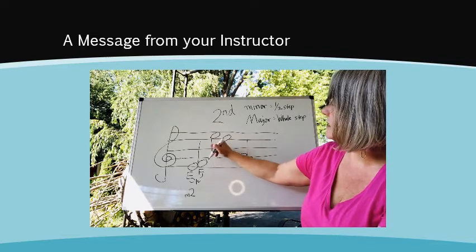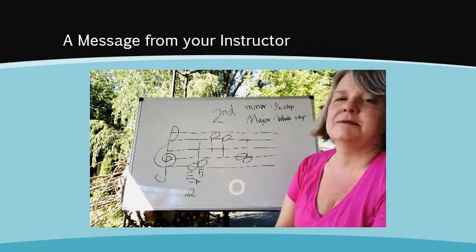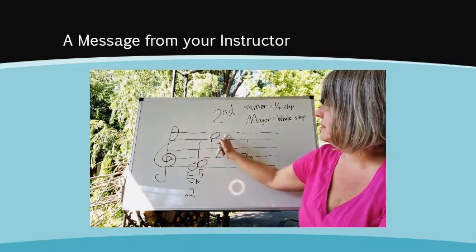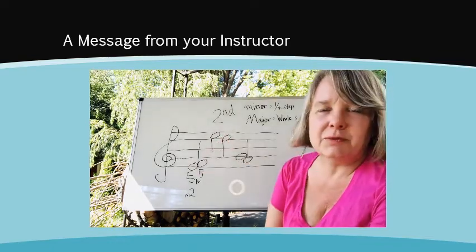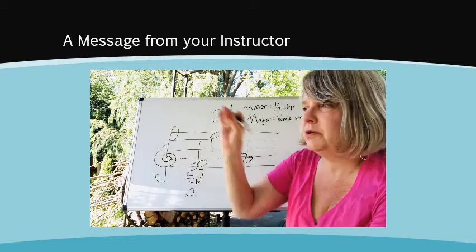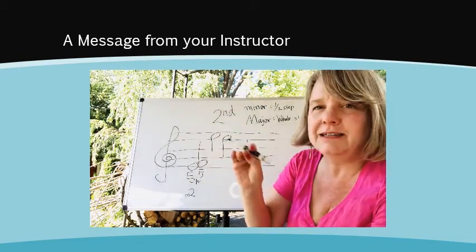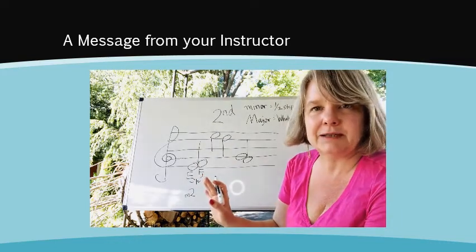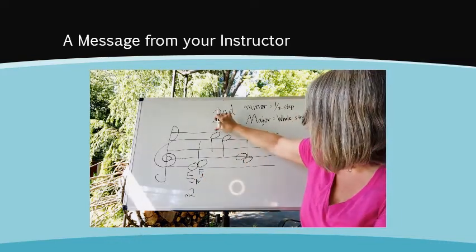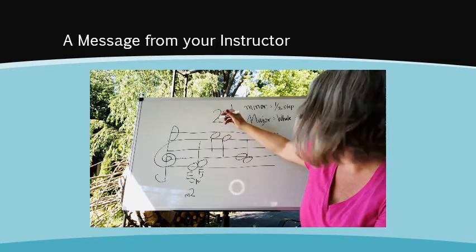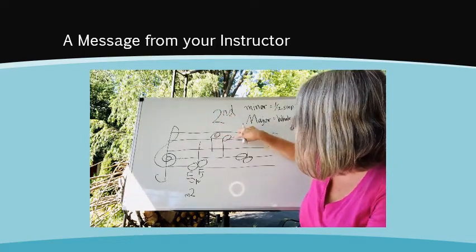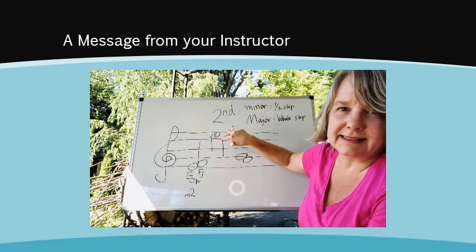Let's look at this one. F, A, C, E. Got another E. It doesn't matter whether the first one's lower or higher. It doesn't matter whether you look down, count down, or count up. An interval is an interval, up or down. So, E, and what's this one?